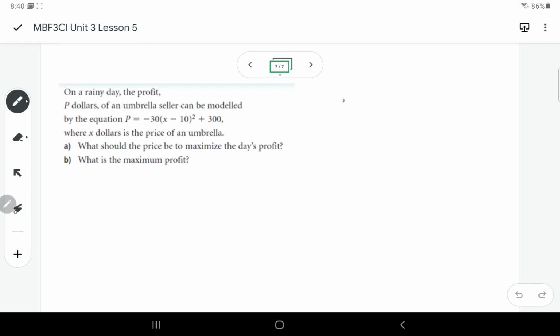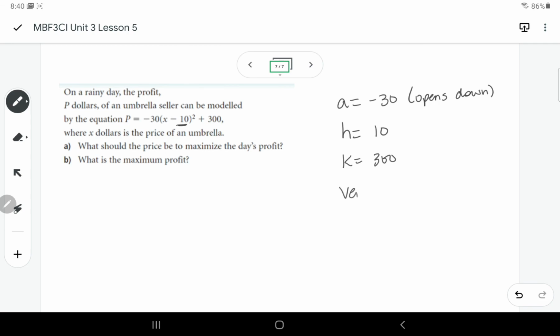So we know, always list out your a, your h, and your k that you know. So a is -30, so this means that it opens down. h is going to be positive 10. Remember, opposite sign of that one in the brackets with the x. And k is 300.